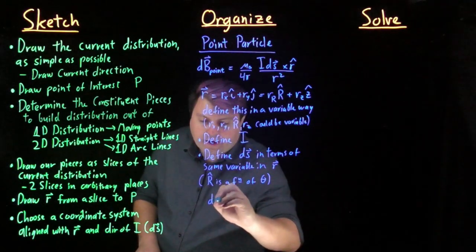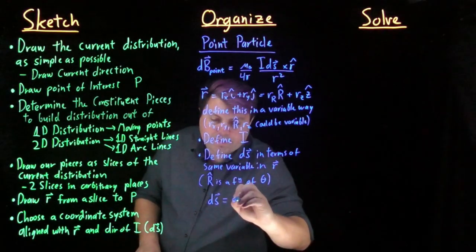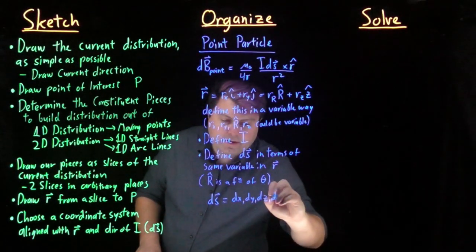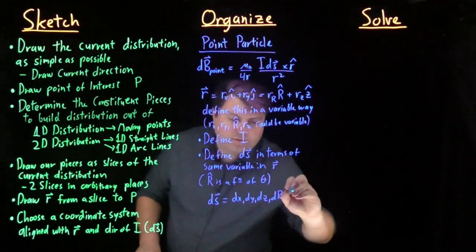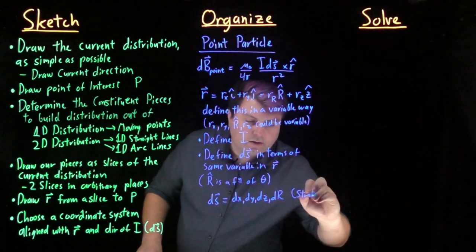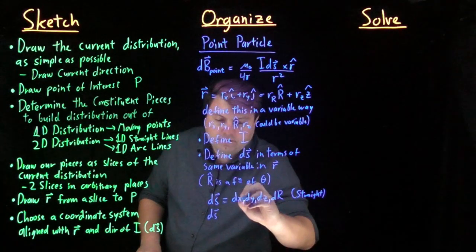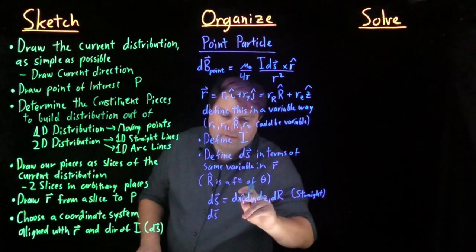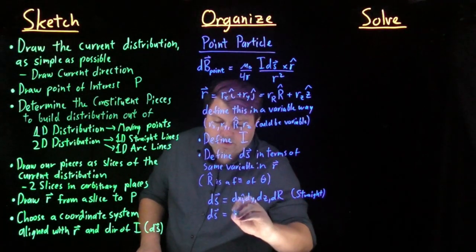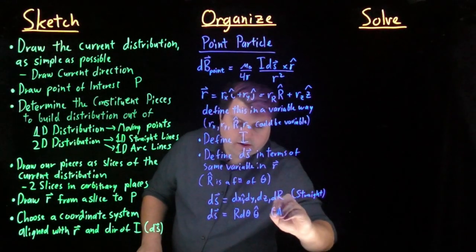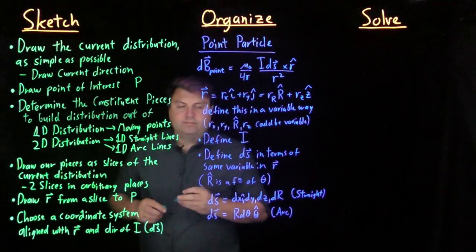So we could have ds be dx, dy, dz, d capital R for straight pieces in their certain directions, but ds would be r d theta, theta hat for an arc.